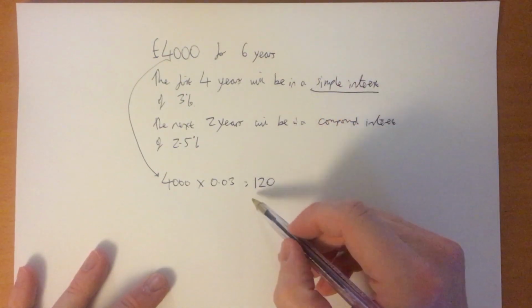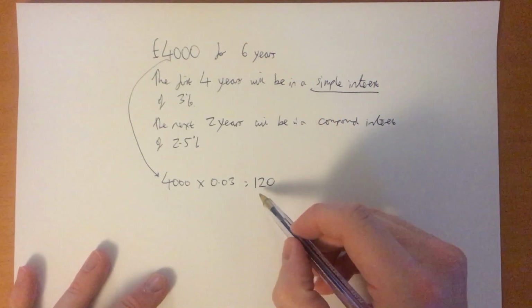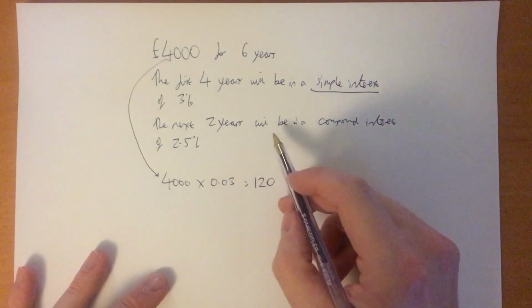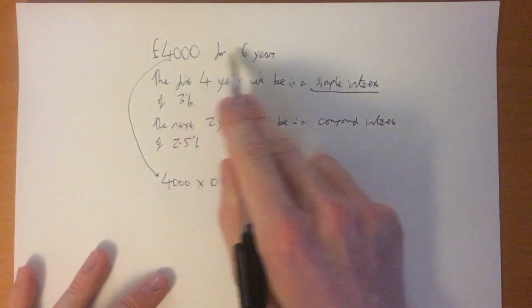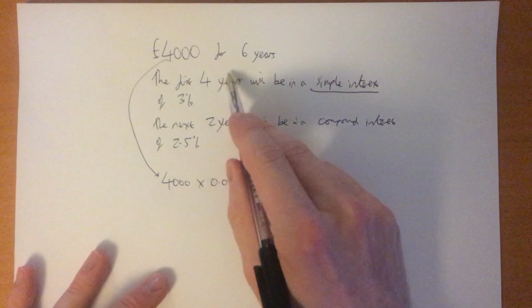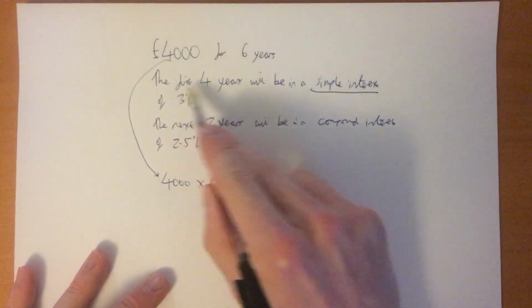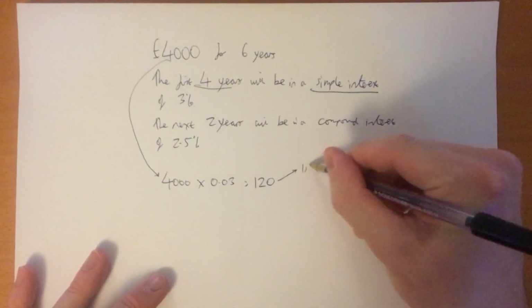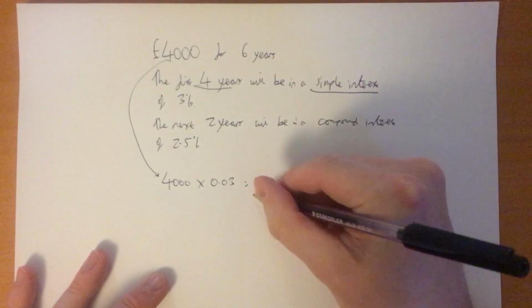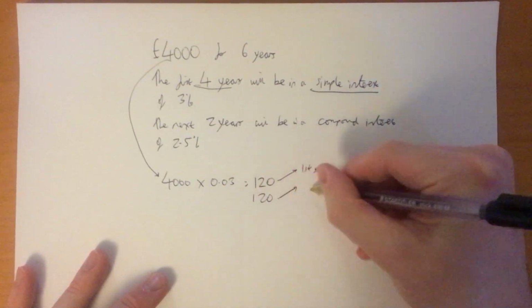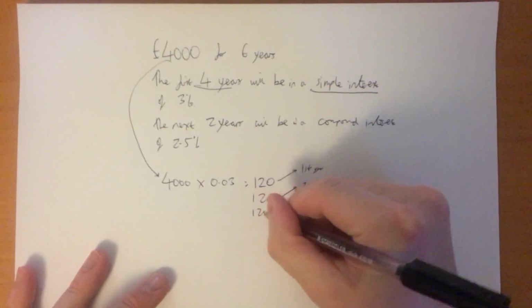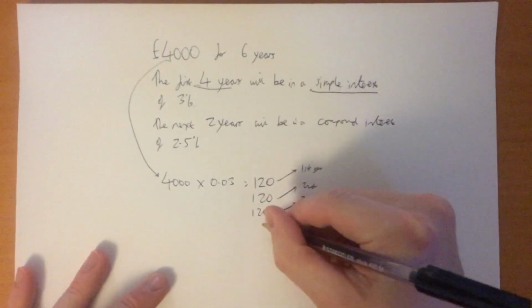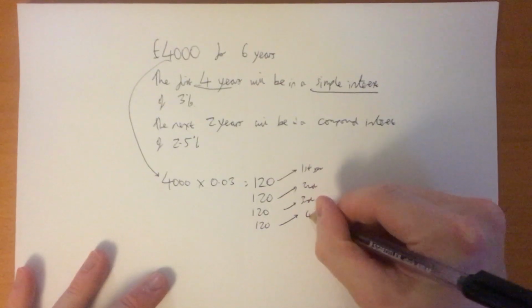And now I would do it for 4 years. So I know it says 6 years here, but simple interest is only for 4 years. So that's the end of the first year. That'll be 120 more for the second, 120 more for the third, and 120 more for the fourth.